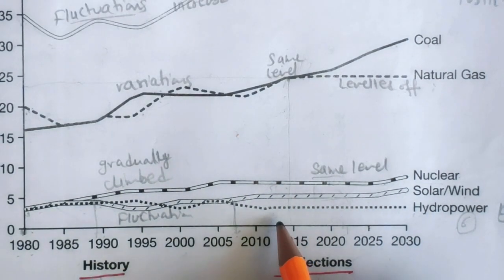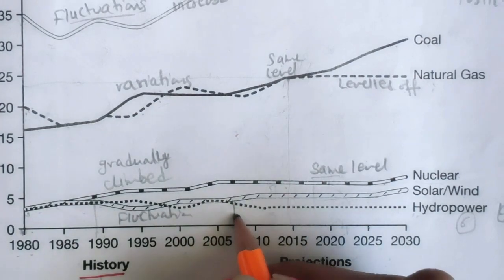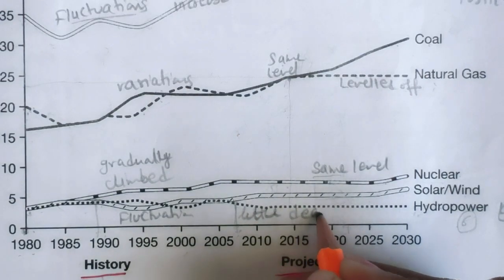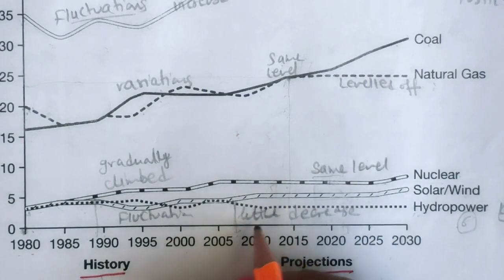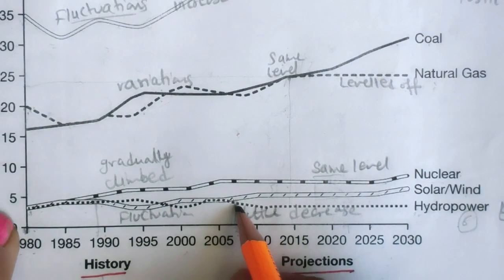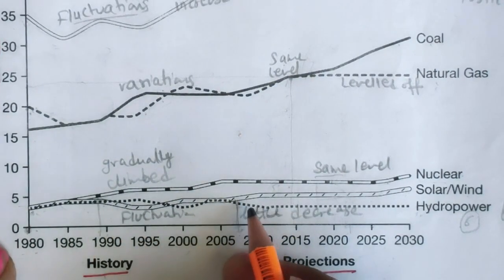And hydropower showed a little decrease from four quadrillion units.